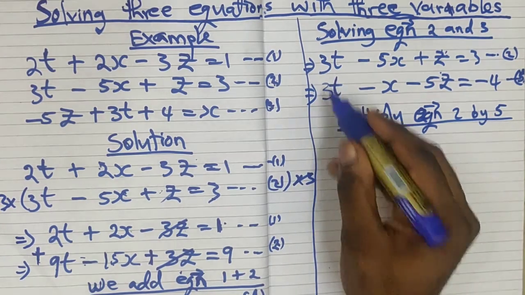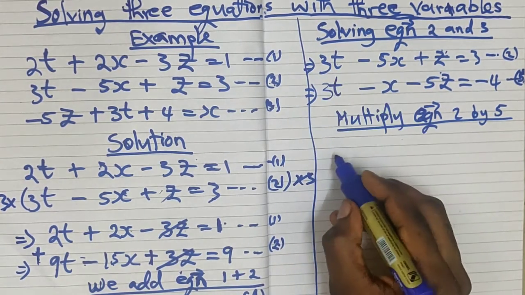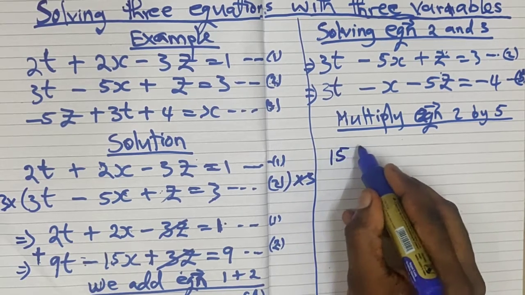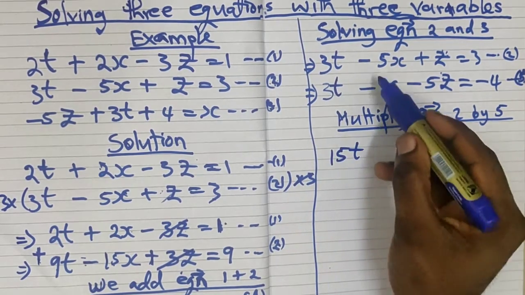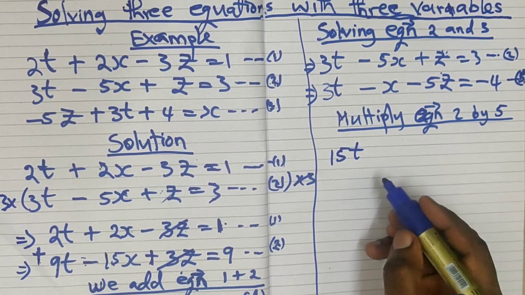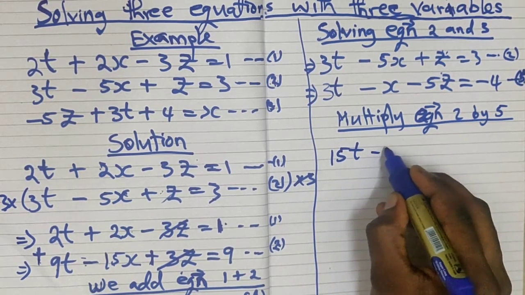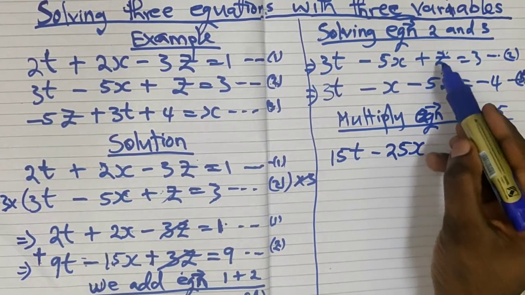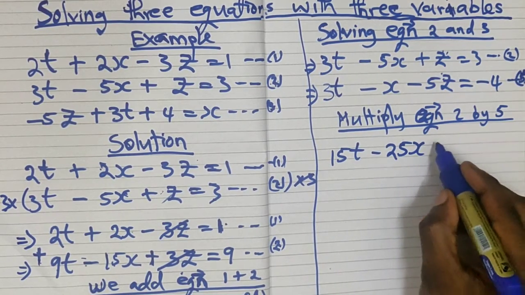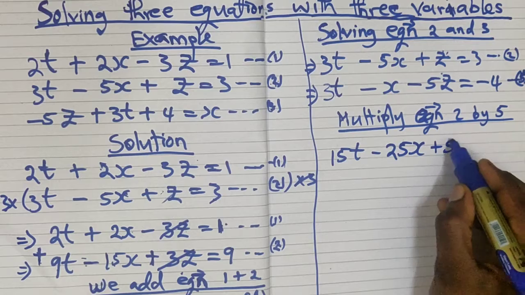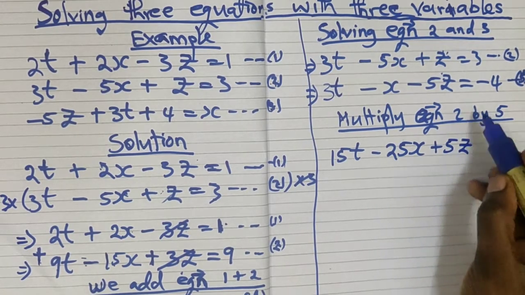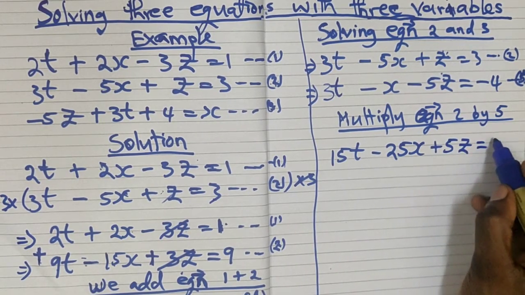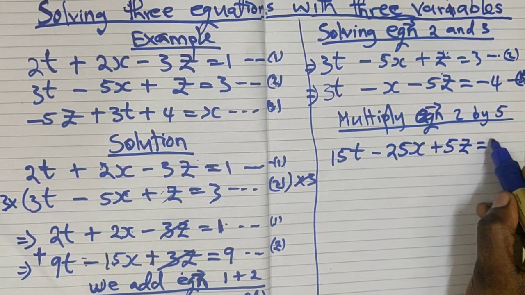15t. 5 times 3 is going to give us 15t. 5 times this is going to give us minus 25x. 5 times z is plus 5z, and 5 times 3 is 15.